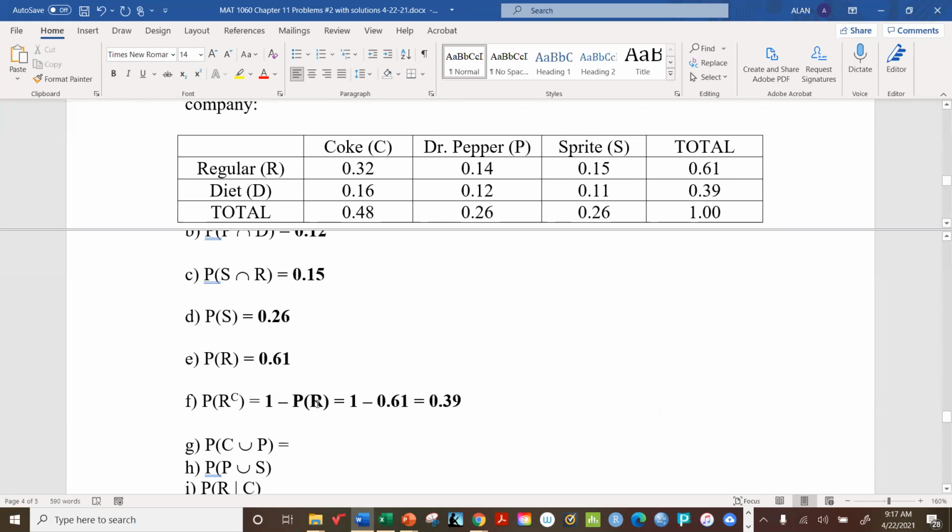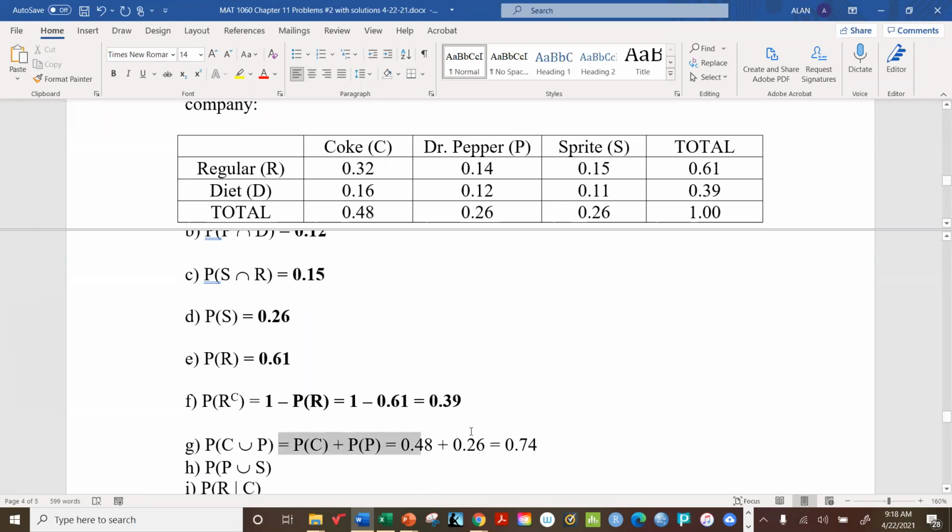Now, as we explained before, these are mutually exclusive events, so we can simply add up their individual probabilities. So the probability of Coke is 0.48. The probability of P is Dr. Pepper. And we therefore have a total of 0.74.